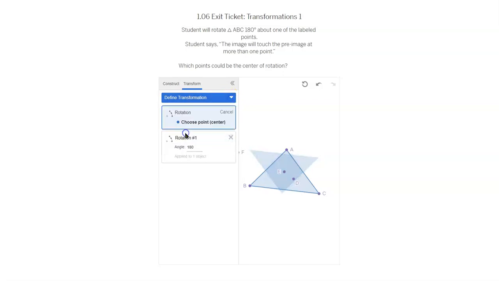Let's try D, 180 degrees. D will also work. F will not work. It sends it way off to the side, just so that you know. So that's the idea that you're looking for.